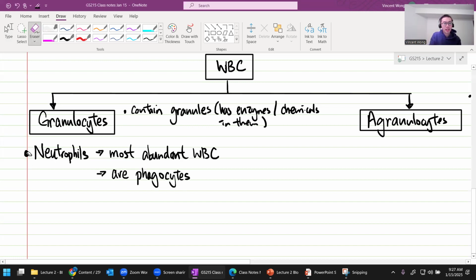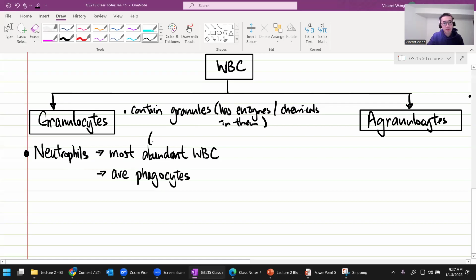So essentially, what these neutrophils can do is they can go around and eat things up. If they see a bacteria that's not supposed to be in the body, let's go eat it. If they see a cell that's kind of dying and not functioning properly, that's not supposed to be here, let's eat it. That's basically neutrophils.